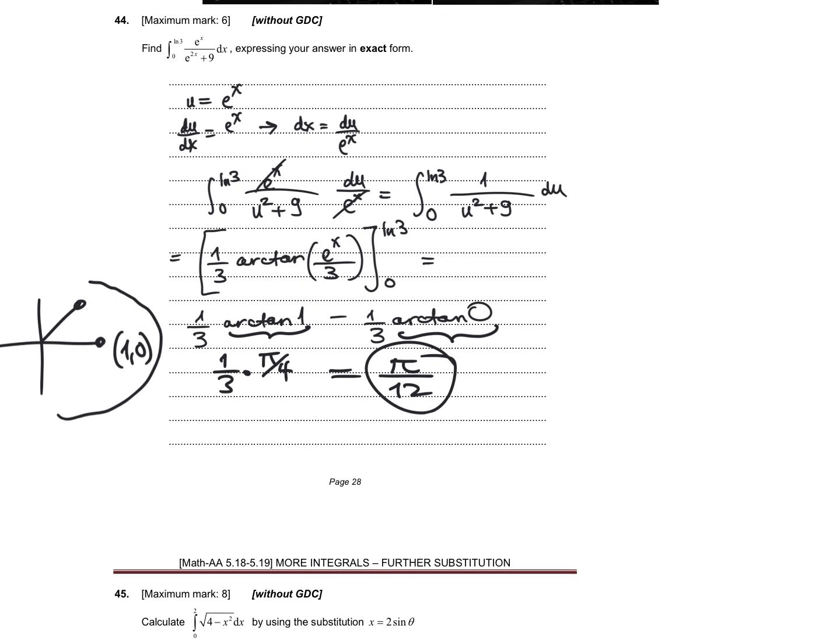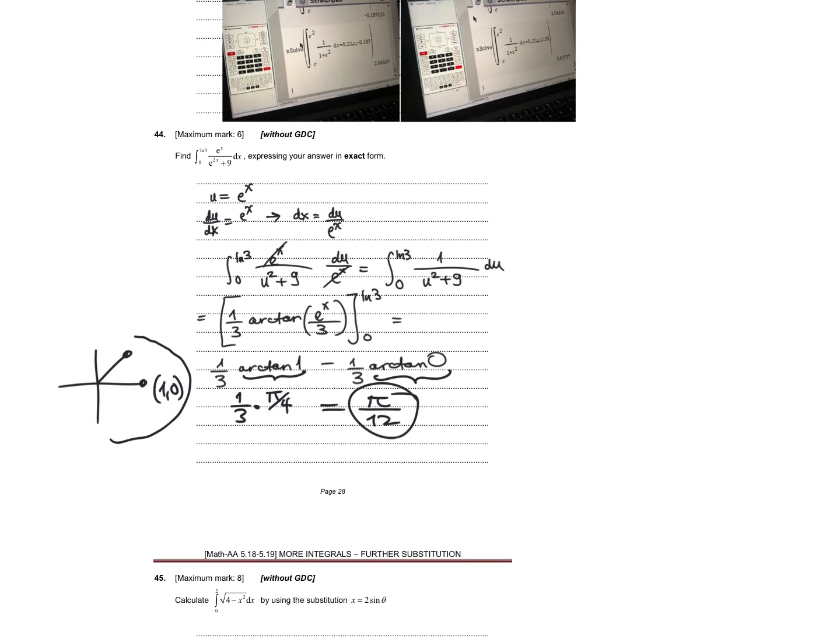So the other way to do this, instead of turning it back into x, what we can do, and what I probably should have done, is change the limits. Okay? Because it's in terms of u.